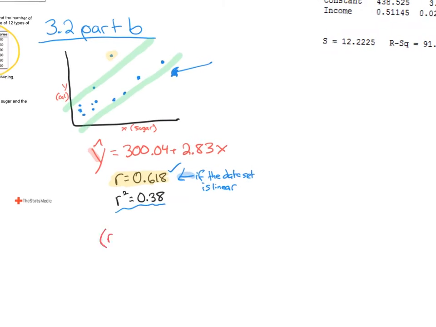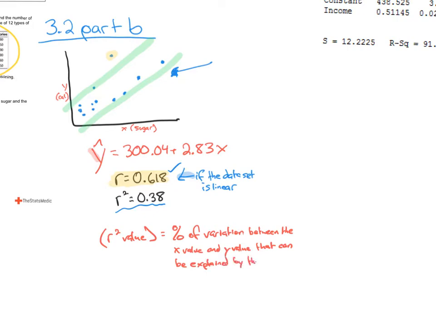So let's do a little definition. r squared value is the percent of variation between the x value and y value that can be explained by the least squares regression line.